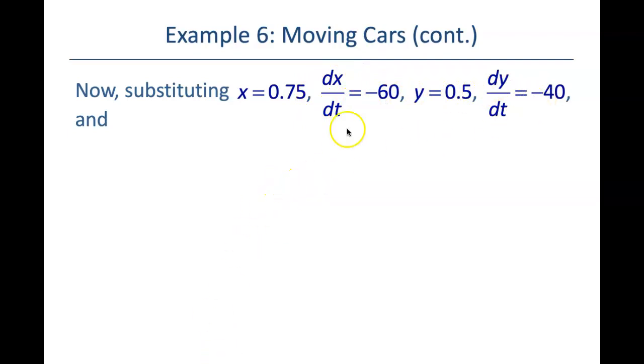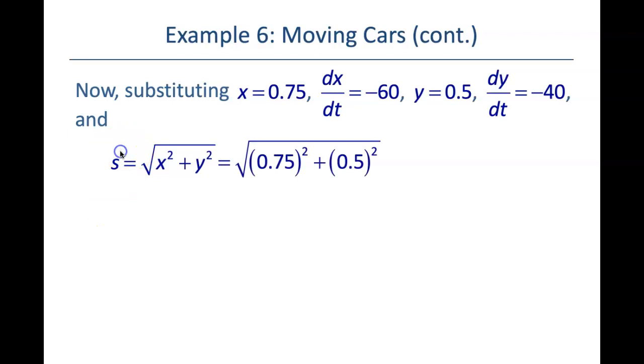So that's how we know what dx/dt and dy/dt are. And we know that s squared is equal to x squared plus y squared, so we solve for s. We plug in our x squared and y squared, so we know what s is initially, when the cars are 0.75 and 0.5 miles away from the intersection. So this is the initial s that we're looking at. All right, so we can plug that in.